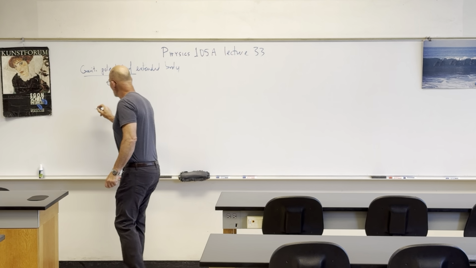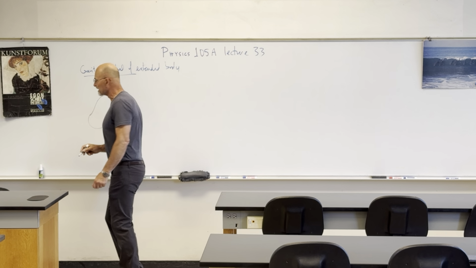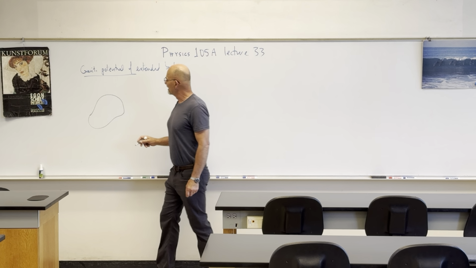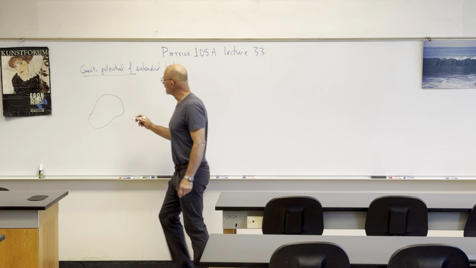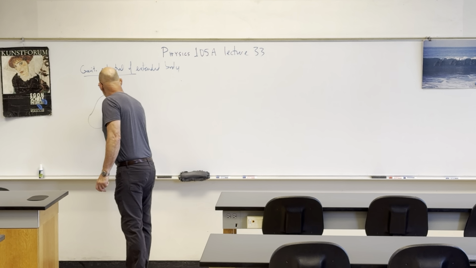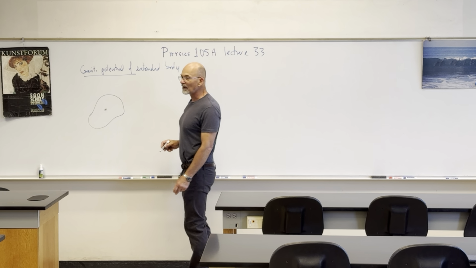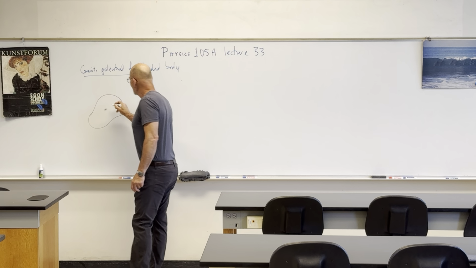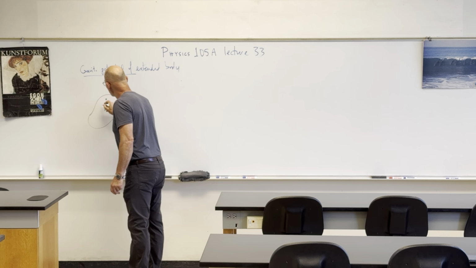So the idea was that instead of a perfect sphere, we have some peanut-shaped body, and we're going to be out here, say, orbiting or being attracted to it. First of all, we put the origin of our coordinate system at the center of mass, and then we're going to put an R prime.